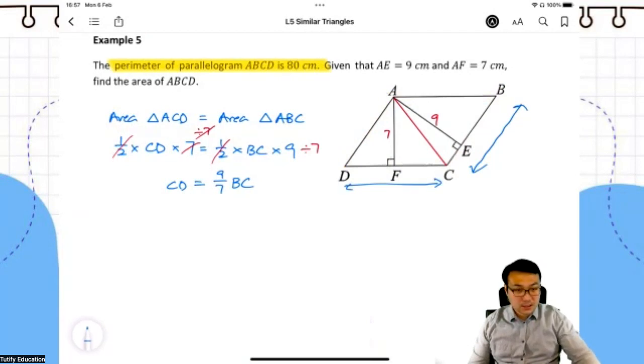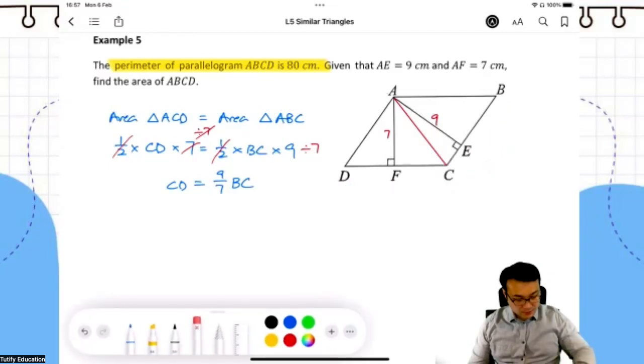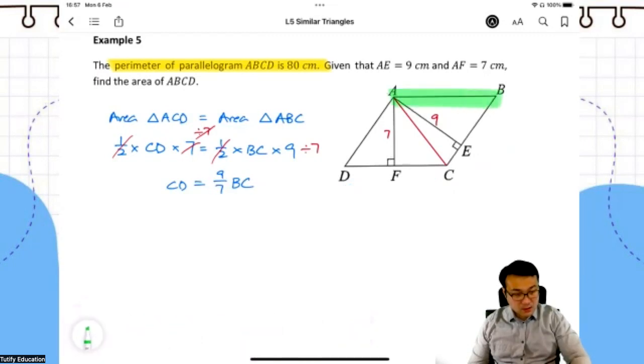Let me ask Kaden. Kaden, if I just want to find BC plus CD, how do I find it? They already told you the perimeter is 80, yes or no? The question is telling us that the entire perimeter is 80.